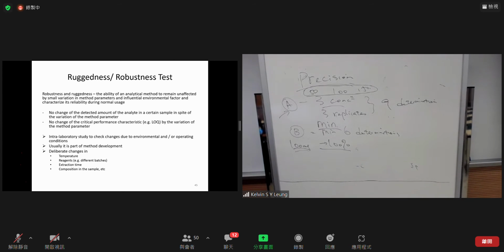Those settings can be maybe your sample preparations, to study whether there is some interference from these method parameters.